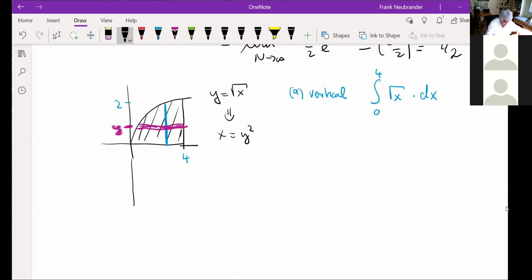So if I fix here a y and I want to compute the x that belongs to it, then this x is equal to y squared. So if here is y, then here is y squared.